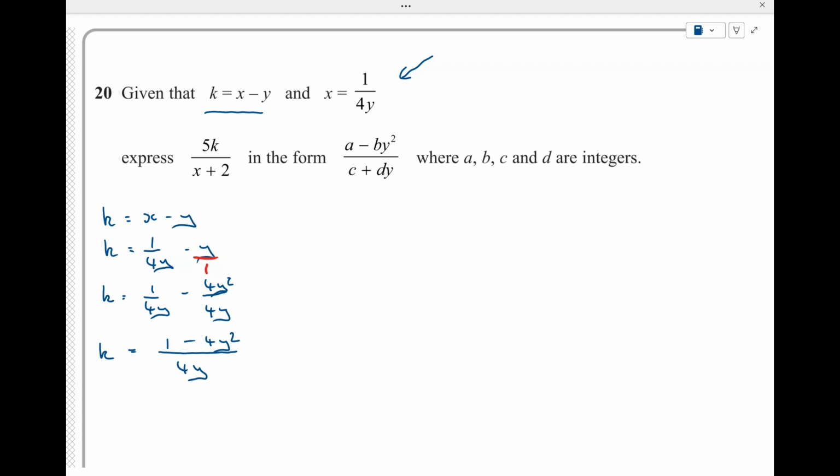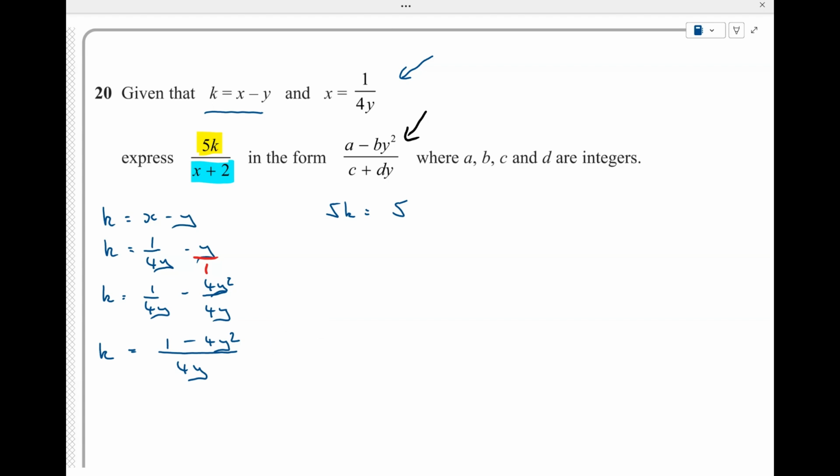Okay. Now I'm being asked to express 5k over x plus 2 in this form. I'm hoping to get an answer that looks like that. So let's start out by working out what 5k is going to be. So 5k will be 5 times k, and I know what k is. K is written here, isn't it?